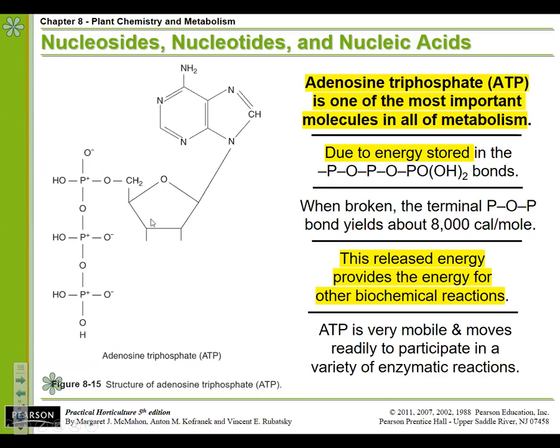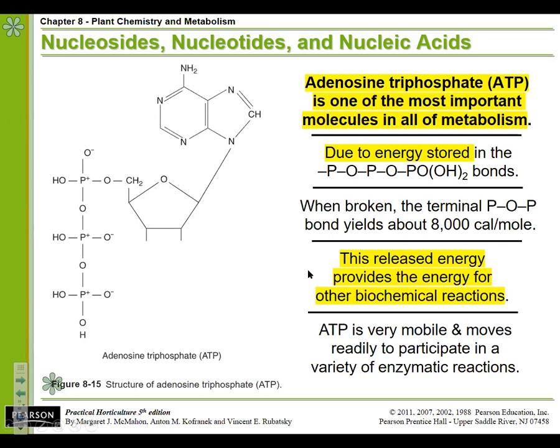So when this triphosphate bond is broken, it will yield energy in the form of calories. And this released energy provides the energy for other biochemical reactions.